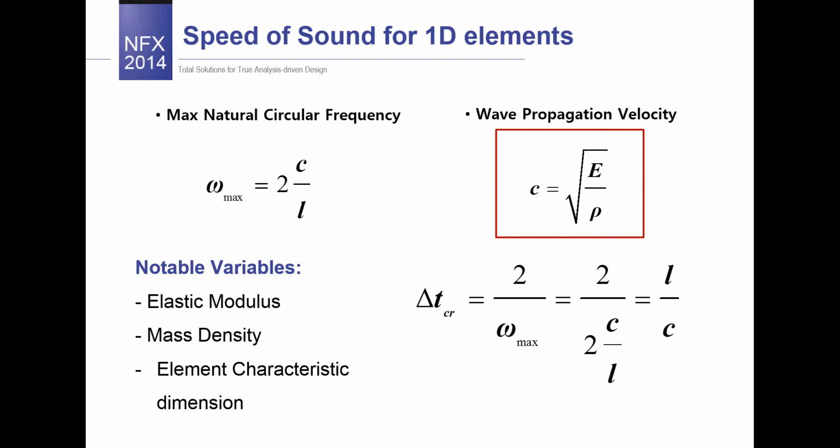So for example, for a mesh with a characteristic dimension of 1 millimeter and a material sound speed of 5,000 meters per second, the resulting stability time will be 0.18 microseconds, and to solve a simulation to a termination time of 1 second, you need more than 5,500,000 time steps.